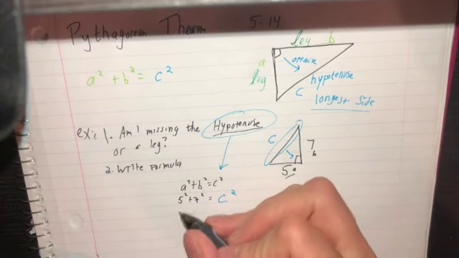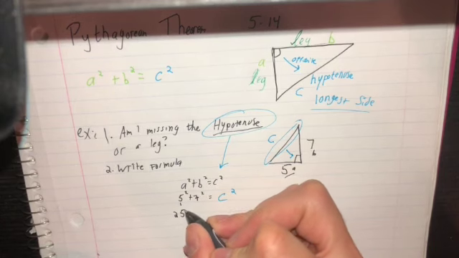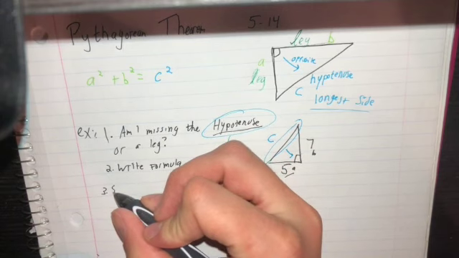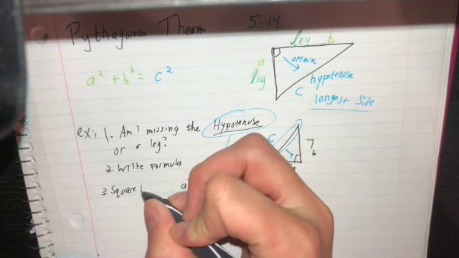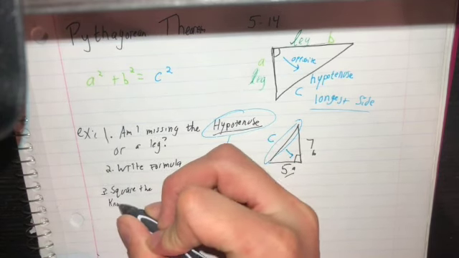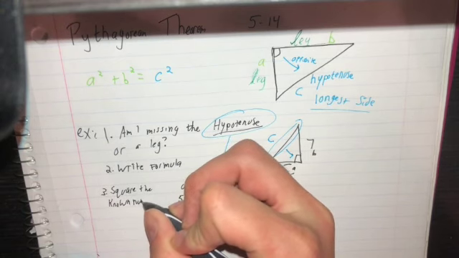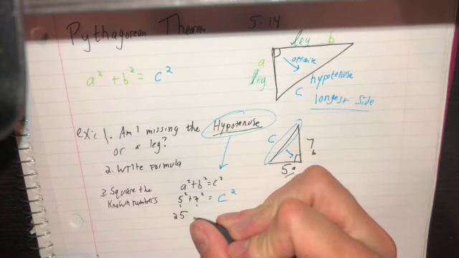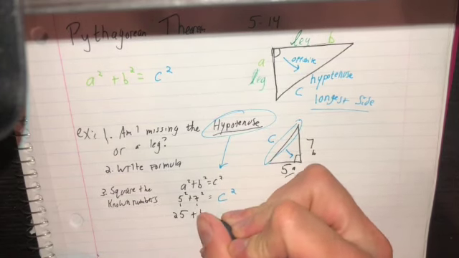All right, so now I know that 5 squared plus 7 squared equals c squared. So let's see. 5 squared is 25. So step 3 is square the numbers I know. Square the known numbers. All right, so now I have 25 plus 7 squared is 49.